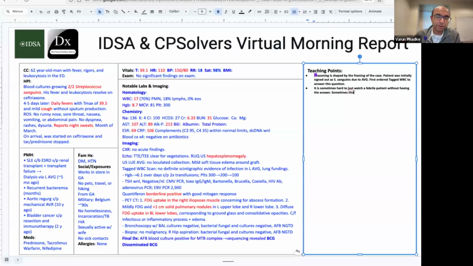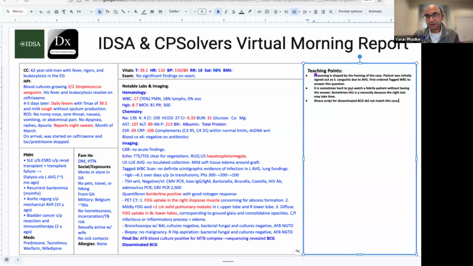The third lesson I had, and Dan alluded to this at the beginning, is that the traditional illness script of disseminated BCG is presentation in the first 6 to 12 months after installation. And this patient's presentation was like 15 to 18 months later. And I had the same intuition when I saw this patient, and so lowered that on my differential diagnosis as a result.